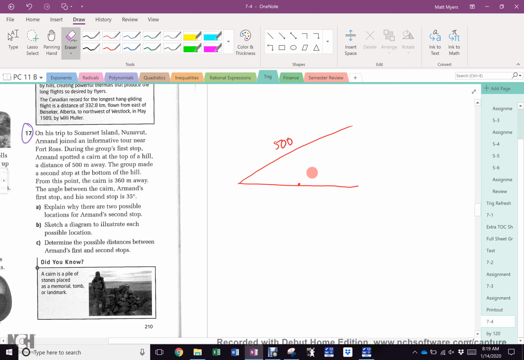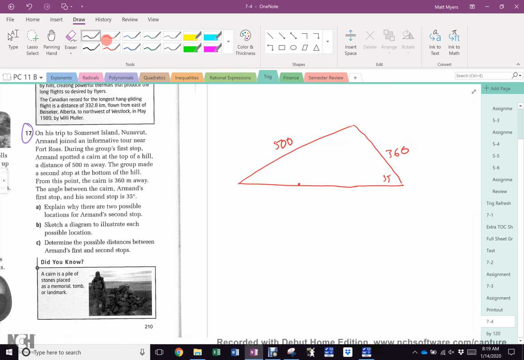Okay, so the only way I could see that 35, he stopped on the other side of the hill to make that 35. That's the only way I can see that working.